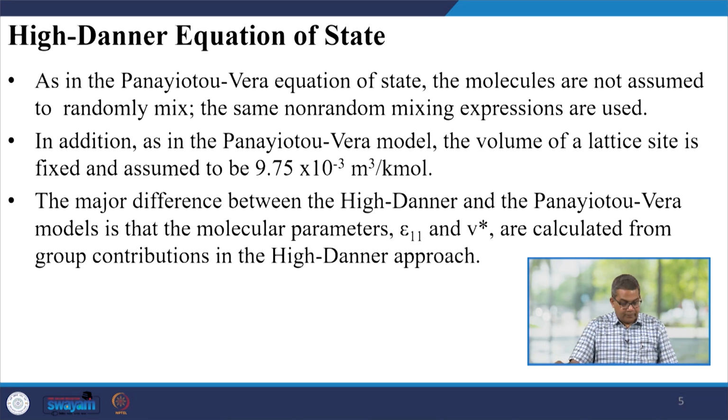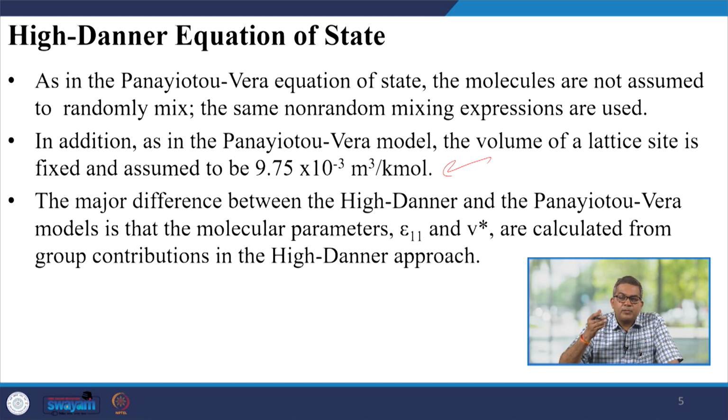Now as in the Vera equation of state, the molecules are not assumed to randomly mix and the same non-random mixing expressions are used. In addition, as in the Vera model, the volume of the lattice site is fixed and assumed to be 9.75 times 10 to the power minus 3 meter cube per kilomole.